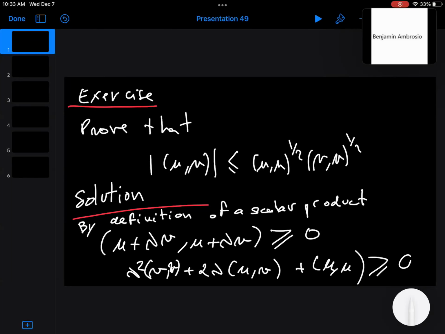But if you consider it as a polynomial of degree 2 in lambda, you know that necessarily the discriminant will be non-positive, because if not, you will get values for which this is negative.